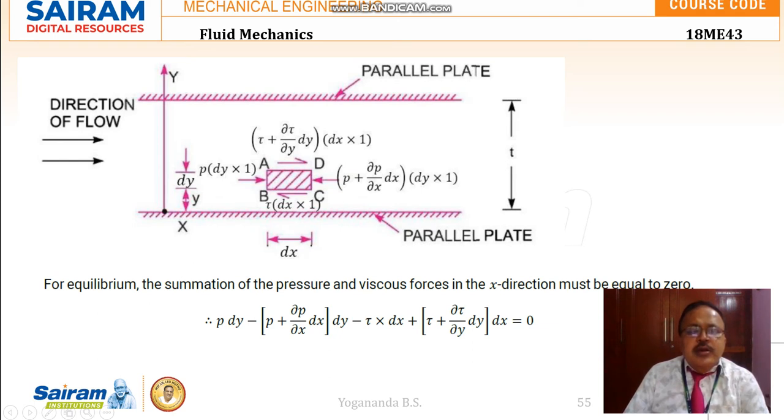The area of this bottom face is length dx and width 1, so dx into 1. Similarly, on the upper face AD, we have the shear force tau plus del tau by del y of dy, into dx into 1.